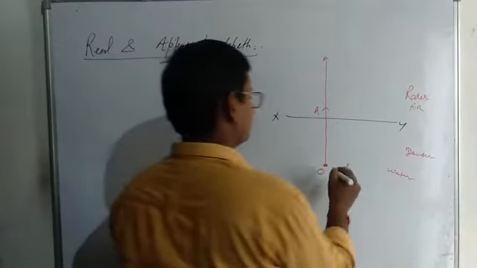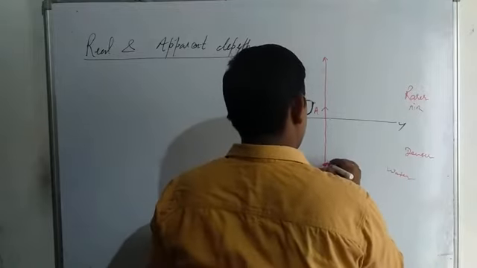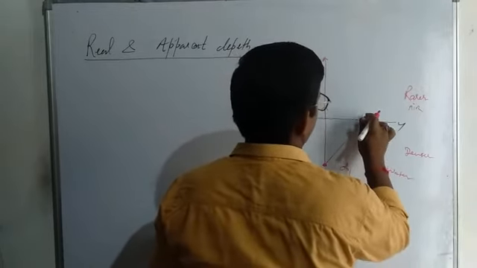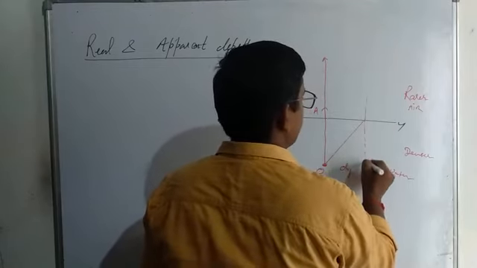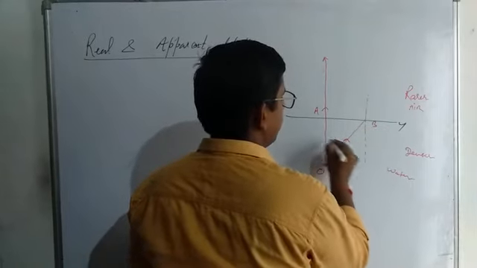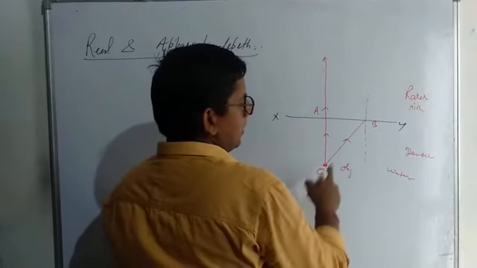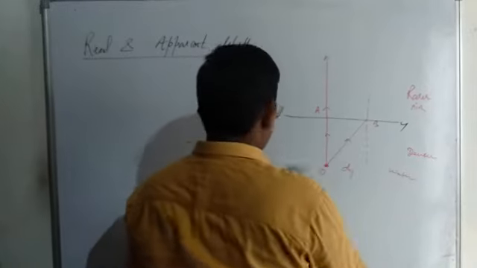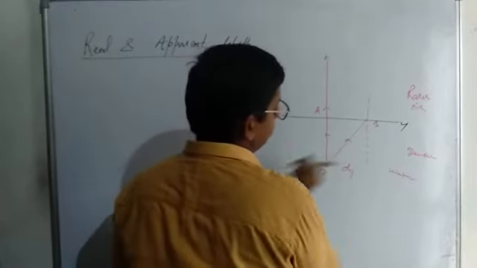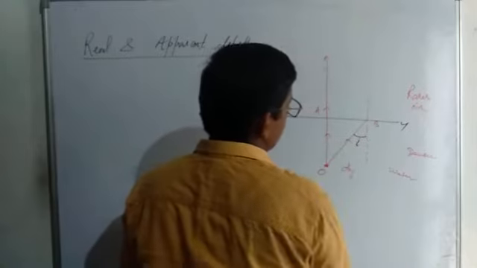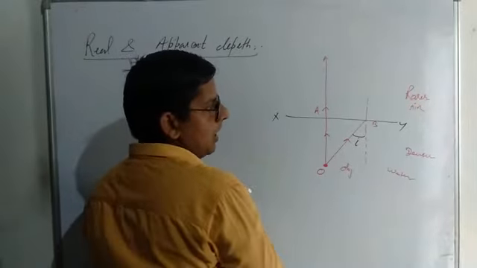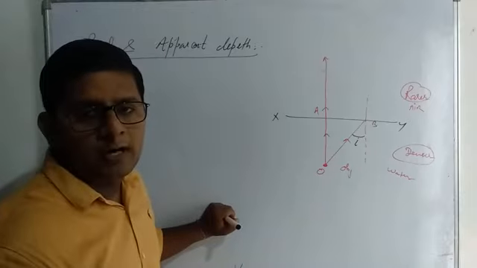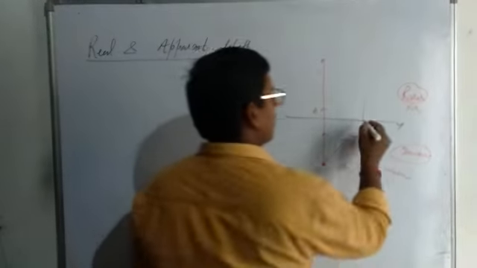Again, let's say here is I, here is the normal at this point, let's say point B. This angle is I, the incidence angle with the normal. The ray is passing from the denser medium to the rarer medium, so is it away from the normal or towards the normal? It is away from the normal.